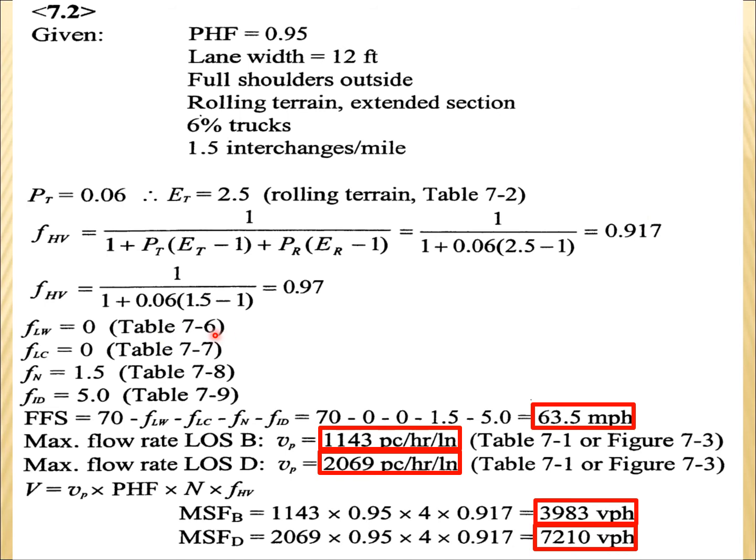Then look at these factors, F sub LW, F sub LC, F sub N and F sub ID. So by consulting tables 7-6, 7-7, 7-8 and 7-9, we have got these values.